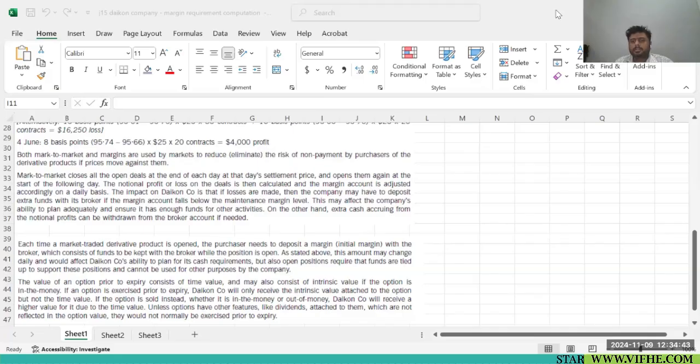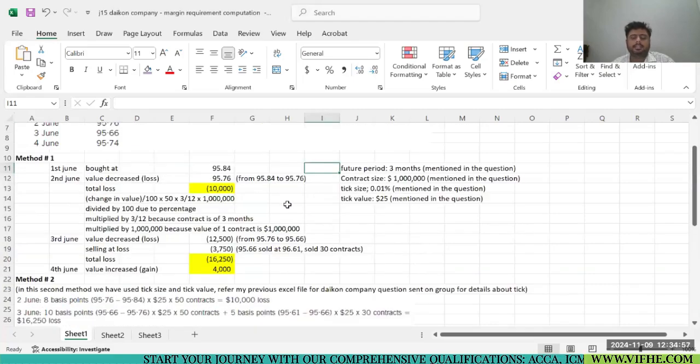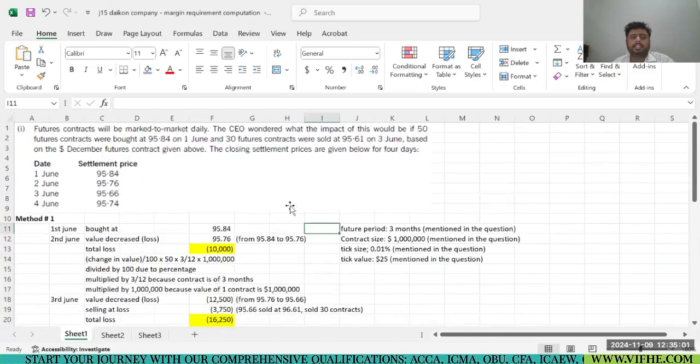Okay, what was the purpose of calculating a margin? What question is it answering? Okay, we were doing this June 2015 question. The purpose of the margin is that you make a security deposit. It acts just like a security deposit when you are trading in the futures exchange.